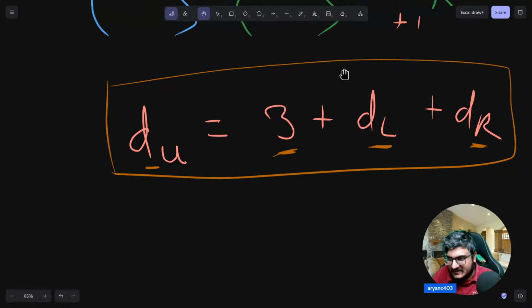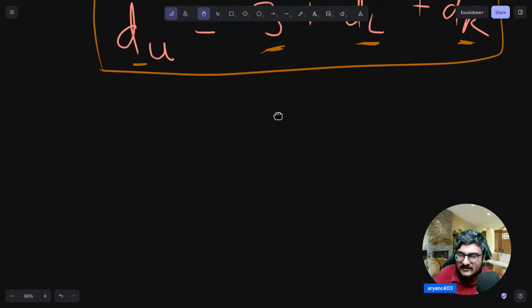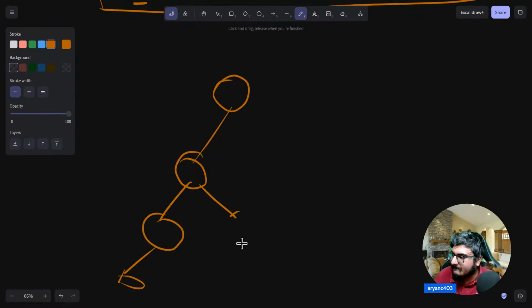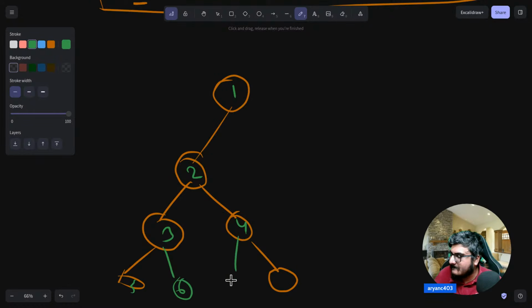And then the next idea is, once you know how much time it takes for each node to come to the parent, let's say if you start here, let's put some numbers here: 1, 2, 3, 4, 5, 6, 7, 8.